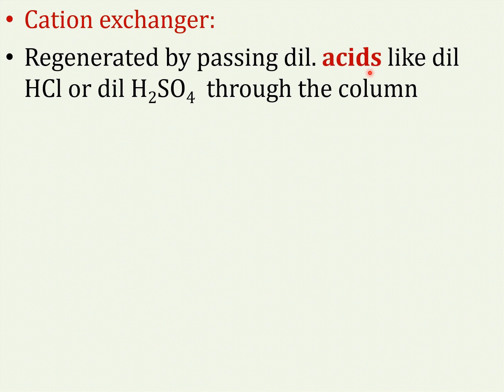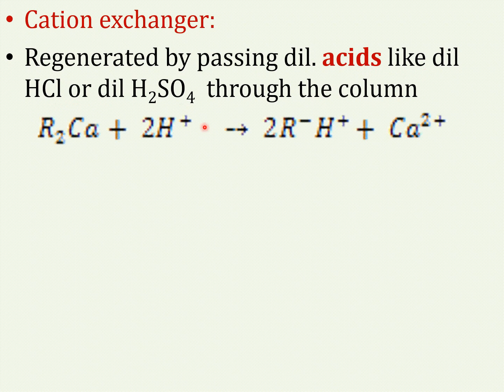That means it is exhausted. So we have to regenerate it. How do we regenerate it? By supplying H plus to it. And what can supply H plus to it? Dilute acids. That is it. So we treat it with dilute acids like dilute sulfuric acid or dilute H2SO4, and this reaction happens, which is just the reverse of the reaction we have seen earlier.